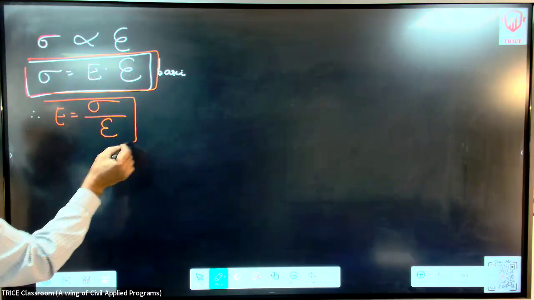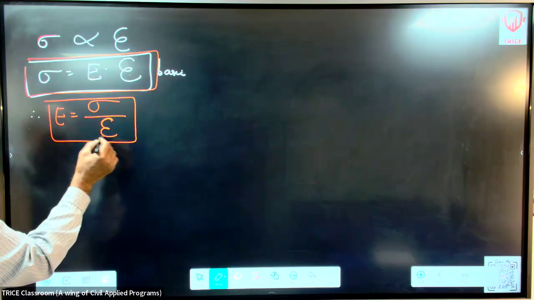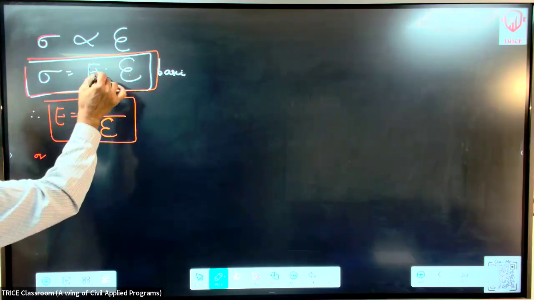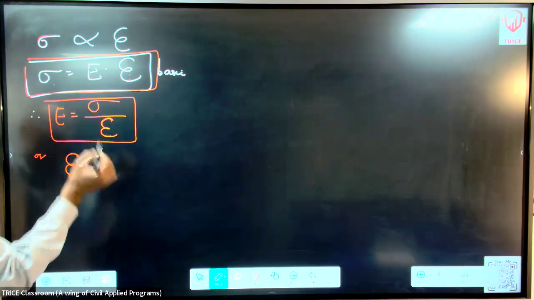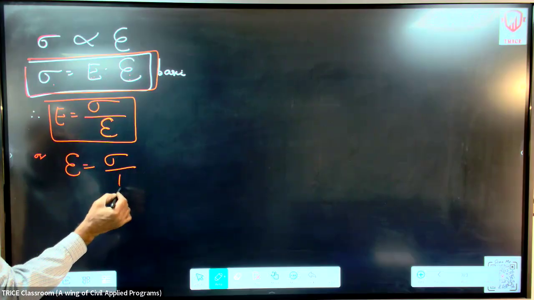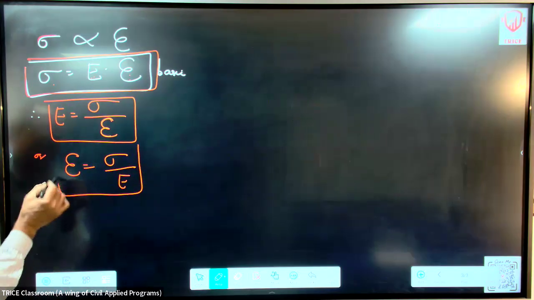This is also the same answer. Or if you want strain, epsilon equal to stress divided by Young's modulus.